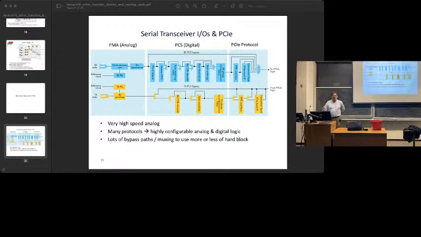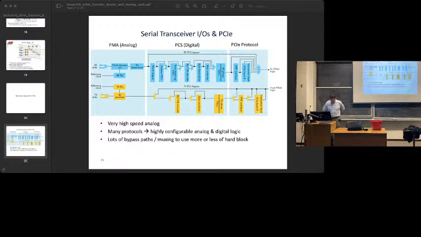So instead, you recover the clock from the data. The encoding of PCI Express guarantees a certain amount of transitions. You'll never get an extremely long sequence of just zeros or ones. There will always be transitions. This clock recovery unit detects those transitions and adjusts the clock frequency and phase coming out of a PLL to make a clock that will be aligned with the center of the data valid window.